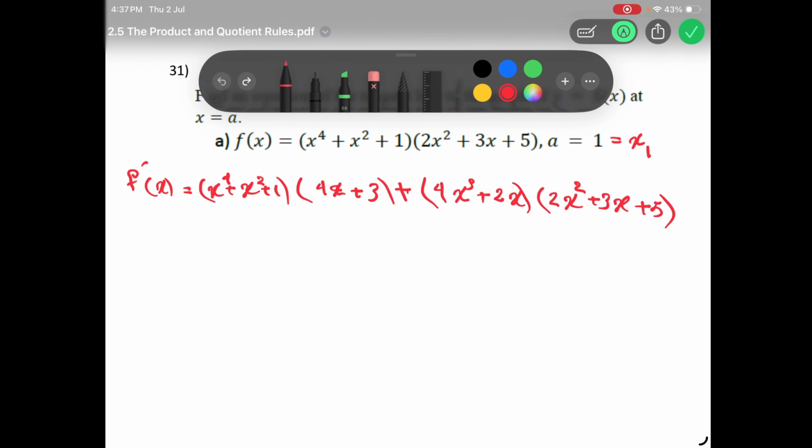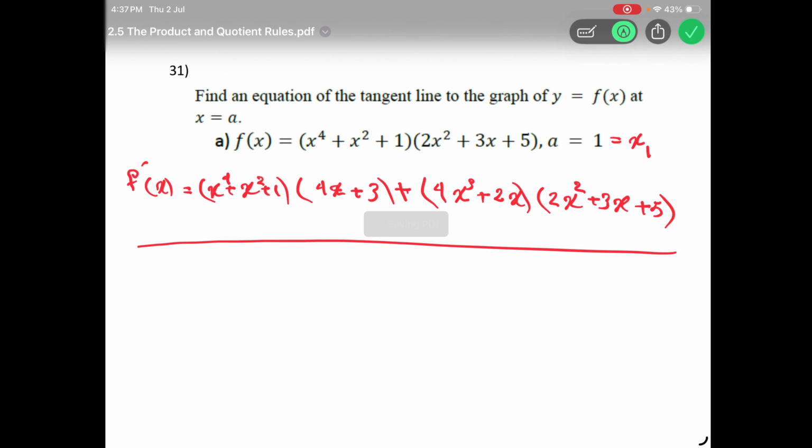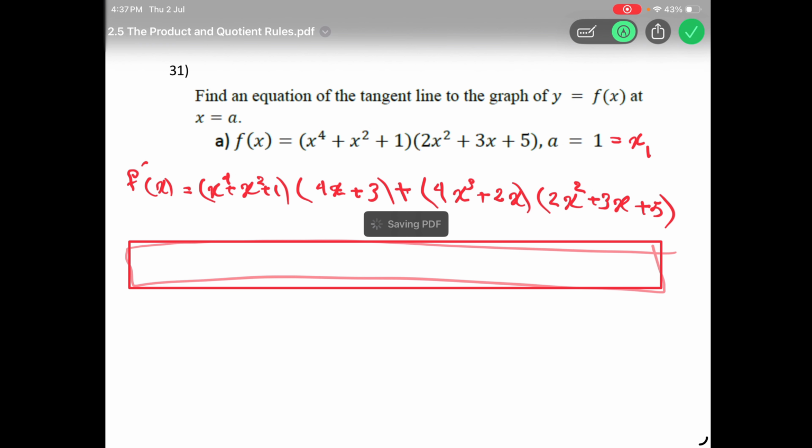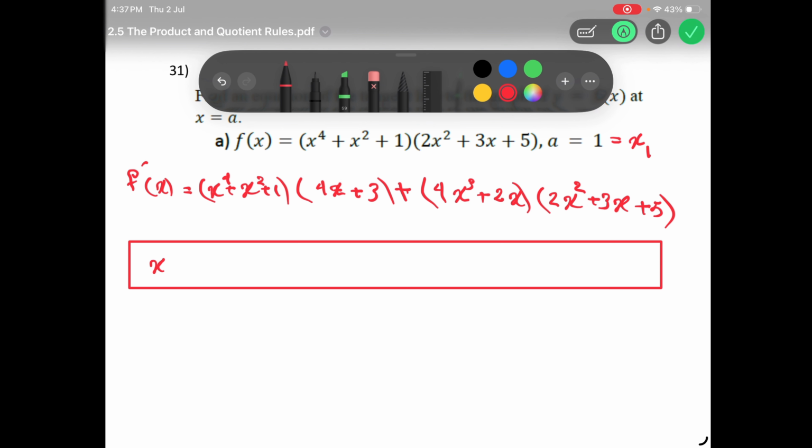And remember guys, this nice table to organize your solution. So I need x1, and fortunately x1 here is given as 1, and I need y1, we will find it together, and I need the slope m, we will find it as well together, and what I need here is y minus y1 equals m times x minus x1, and there are 3 numbers I need.